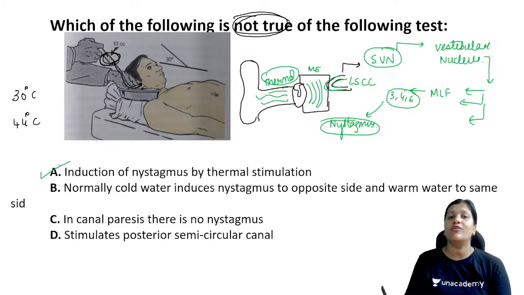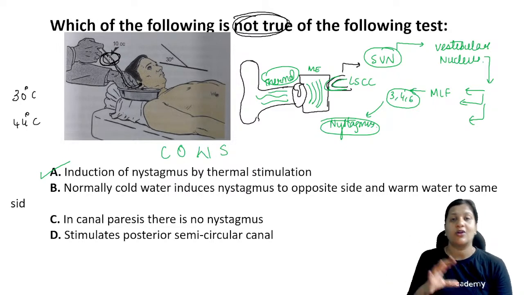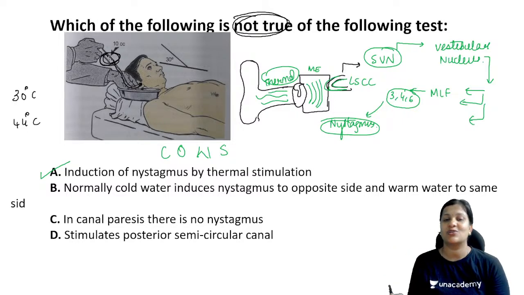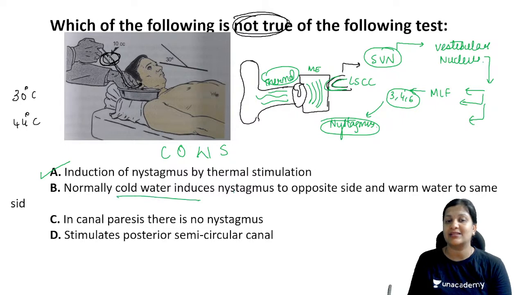Now there is a rule for what kind of nystagmus and direction of nystagmus, which is remembered by cows. Cold water will cause nystagmus towards the opposite side and warm water will cause nystagmus towards the same side. So is this the correct statement? Cold water to opposite side, warm water to the same side? Yes. In canal paresis, so if this canal is not functioning well, will there be nystagmus or will there be no nystagmus?